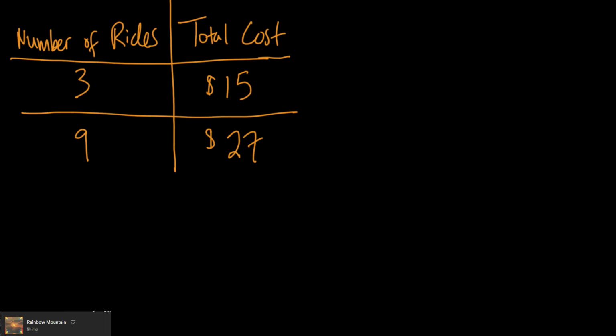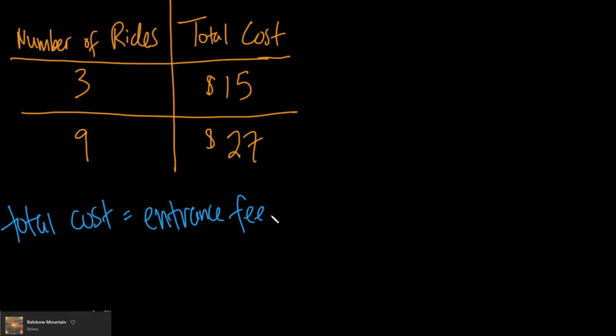So what we have to first figure out, and we know that our total cost equals our entrance fee plus our number of rides, because it depends on the number of rides. Let's say our entrance fee is x.